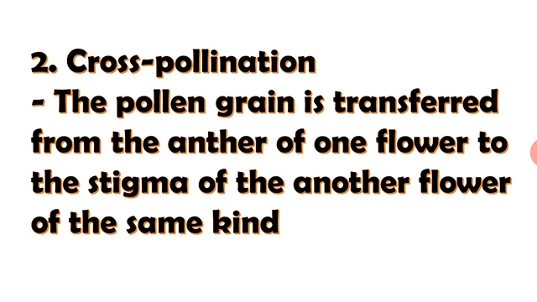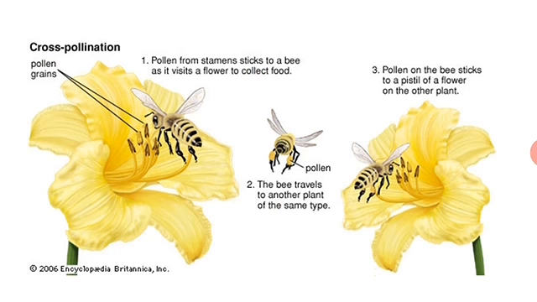Next is cross-pollination. The pollen grain is transferred from the anther of one flower to the stigma of another flower of the same kind. Just like here in the two pictures, we have two flowers. So this is what we call cross-pollination. The pollen from the stamens sticks to the bees as they visit a flower to collect food.